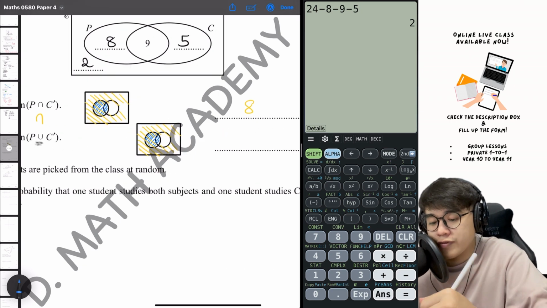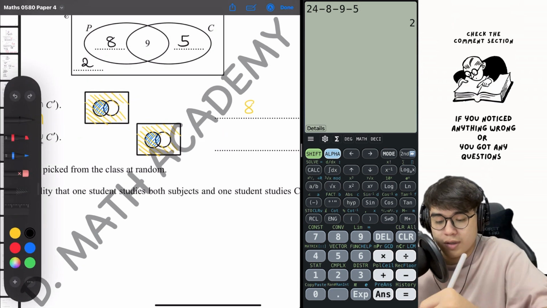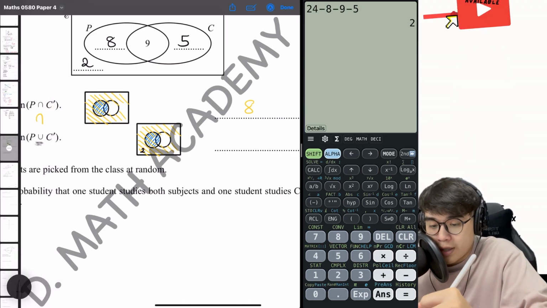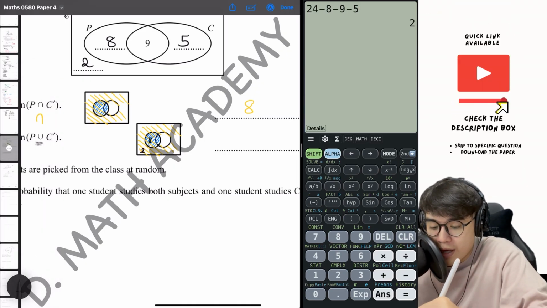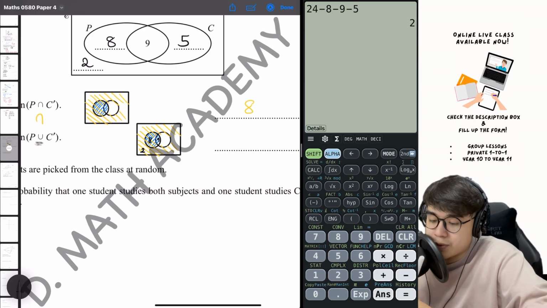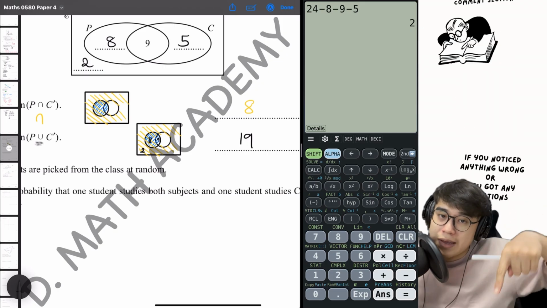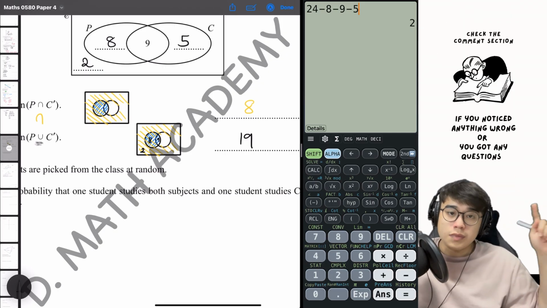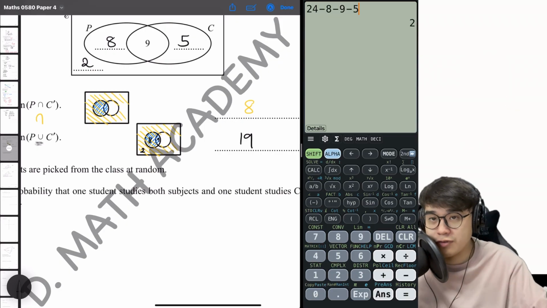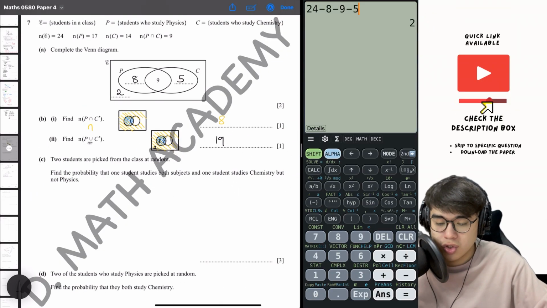So it involved the 2 that we have here, and then I have 8, I have 9 in the middle. So 2 plus 8 plus 9, I think the answer will turn out to be 19. So please take note, intersect means overlapping. Union means whoever that you shade will be considered as the answer.